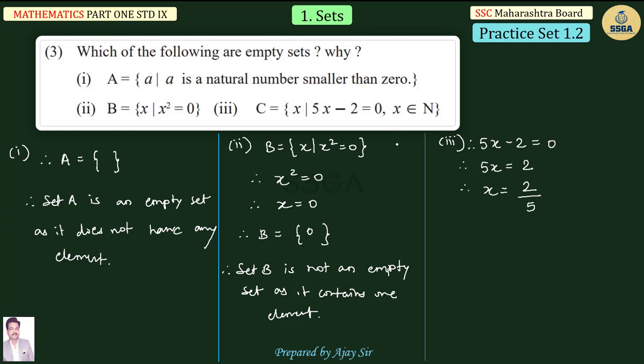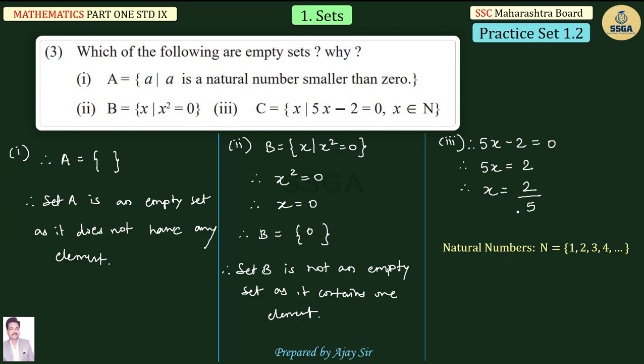But the condition given is that x belongs to the natural numbers. We know that natural numbers are 1, 2, 3, 4. So 2 upon 5 is not a natural number. This is in the form of a quotient, so it is a rational number.